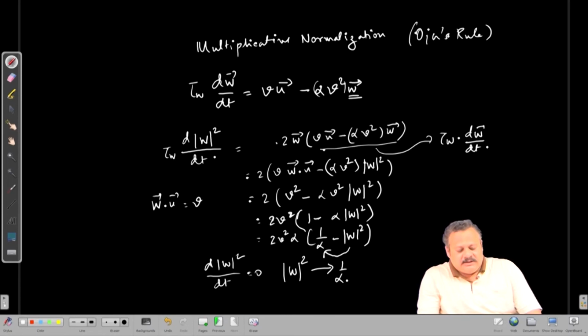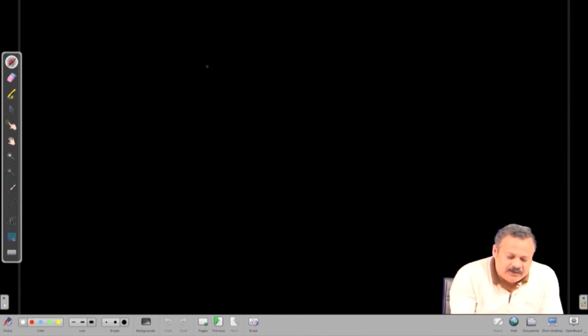So, for us the main rule turns out to be essentially the STDP based learning rule, which we will represent by tau w, then dw dt.